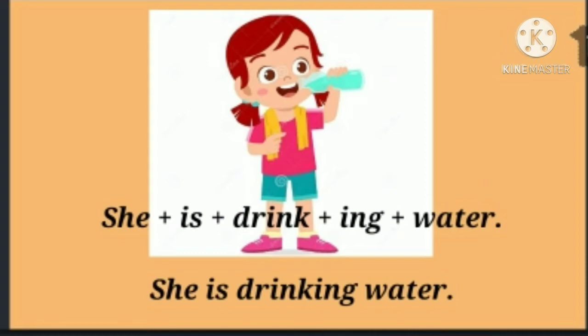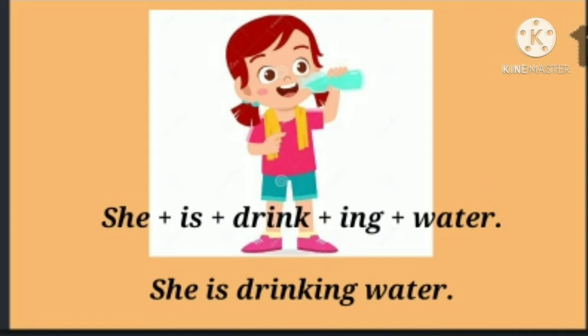So my sentence, when I frame it, becomes, she is drinking water. So this sentence is in the continuous tense. It is showing that the action is going on. It is continuing in the present moment. So this is the formation where I use is when my subject is singular.